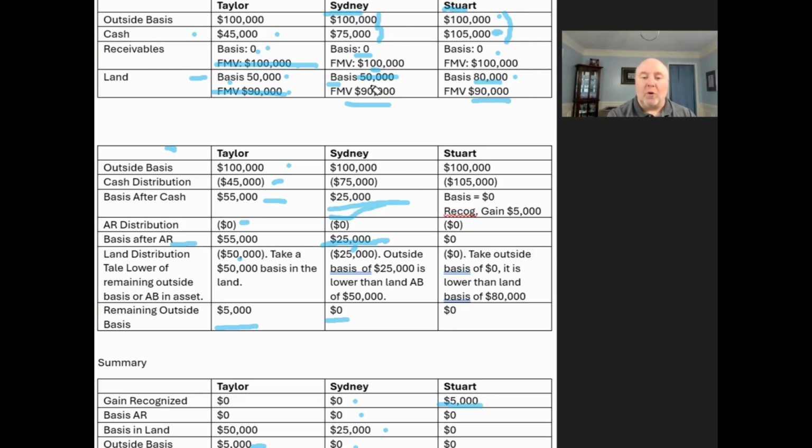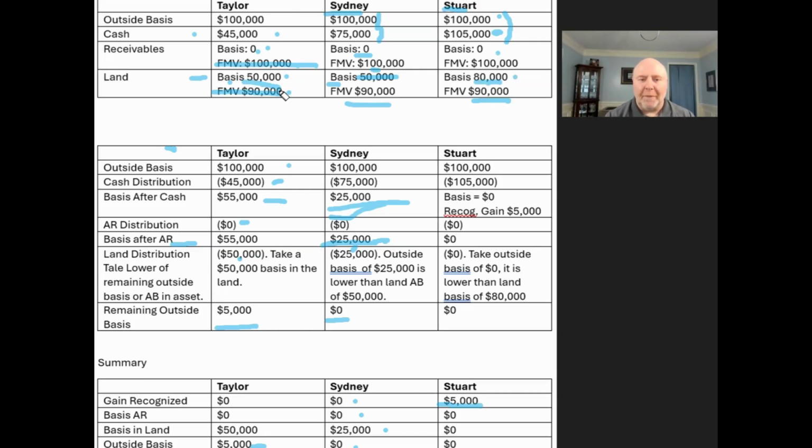So those were lower than the 50,000 or the 80,000. So that's why we were taking those. When we looked at Taylor, we said 100 minus 45, that was $55,000. Our basis in the land is 50,000. Well, our basis in the land is lower than our outside basis. So that's why we took the $50,000 basis.